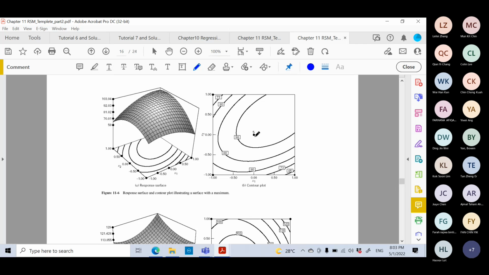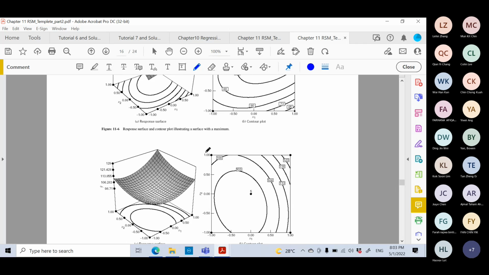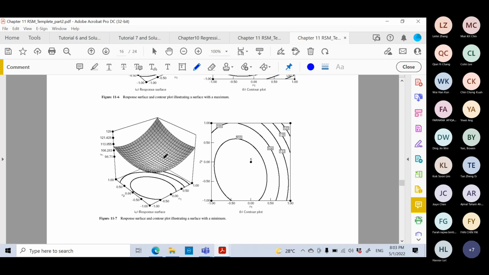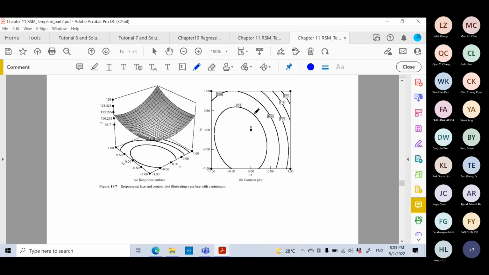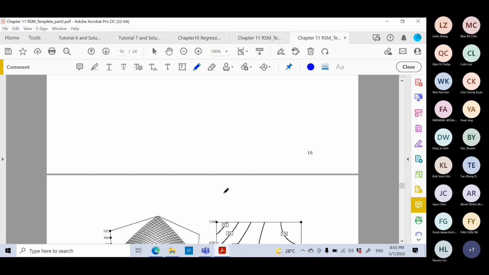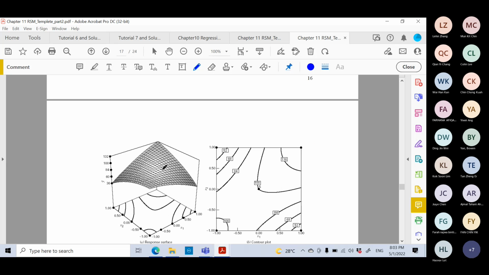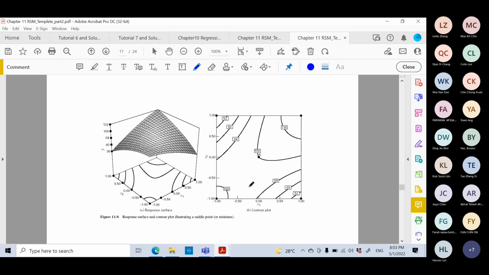This point is identified by the software itself. So you have a minimum point and a maximum point here. If you want to draw it in the diagram, this one is for the case of minimum, and then you have another case where you have neither a maximum nor a minimum.